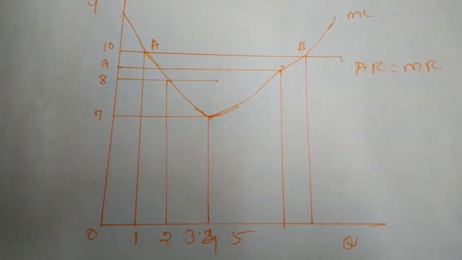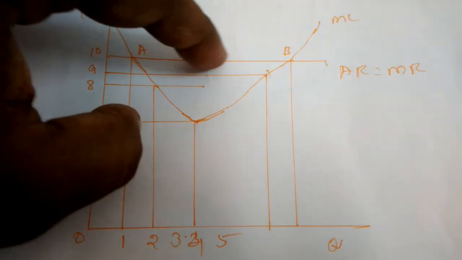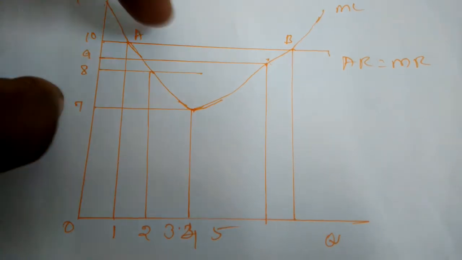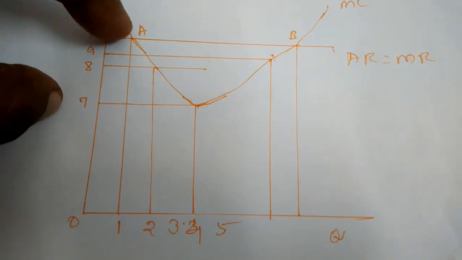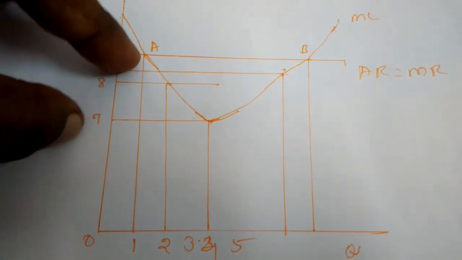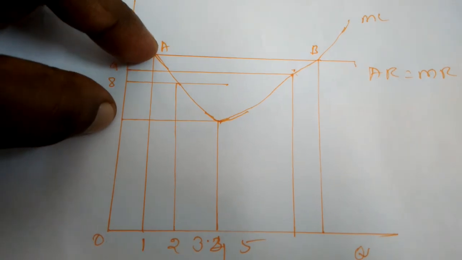At this point, this line is considered the marginal revenue curve. Even though he gets some profit, he will never stop at that point.